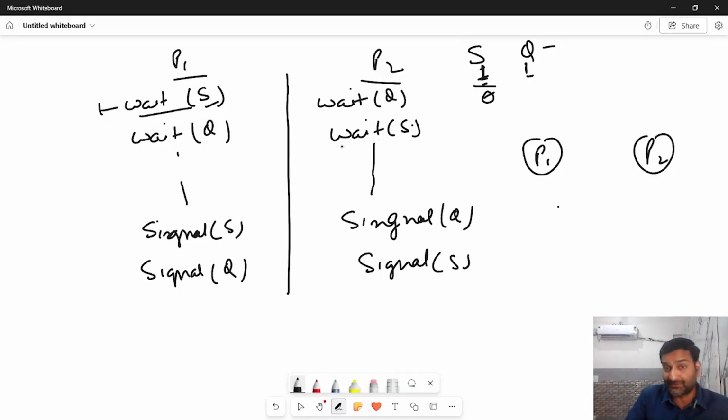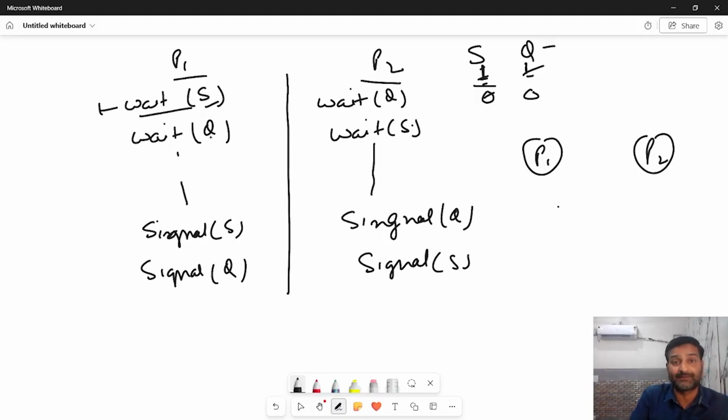The same situation can be easily understood from these two semaphores, S and Q; they are just like resources. So wait S is granted to P1. At the same time, P2 arrives and decrements its semaphore value from 1 to 0, so Q has been granted to P2.